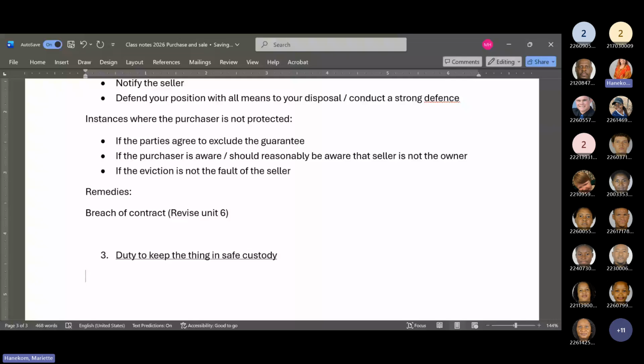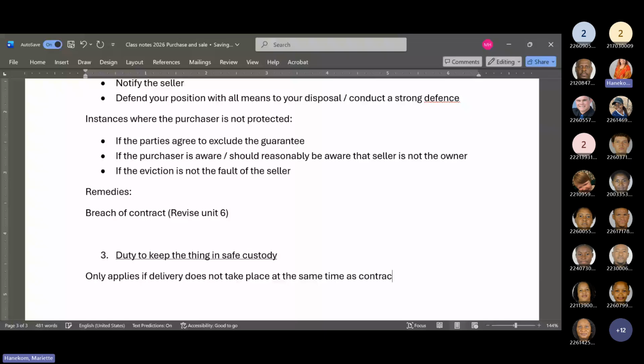Think with your heads, not with your hearts. Firstly, this duty only applies if delivery does not take place at the same time as contracting.